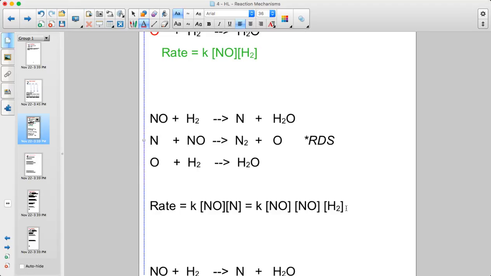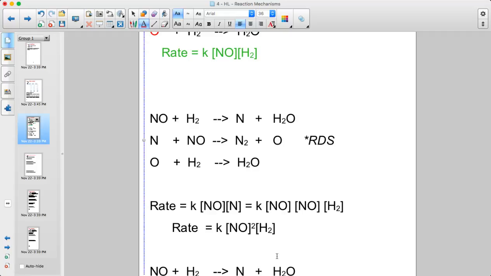And then if I rewrite that, if I simplify it, I actually get my original rate equation because the NOs are now squared. And so now you can see that this proposed mechanism, with the second step being the rate determining step, is a perfect match for the rate equation. It doesn't mean for sure that this is how the reaction happens.